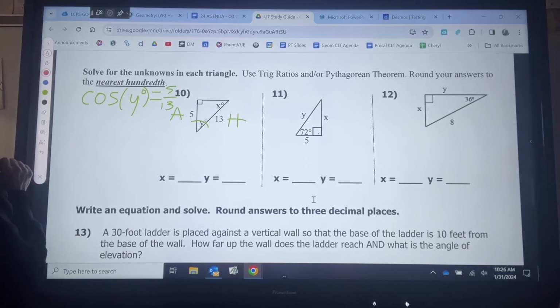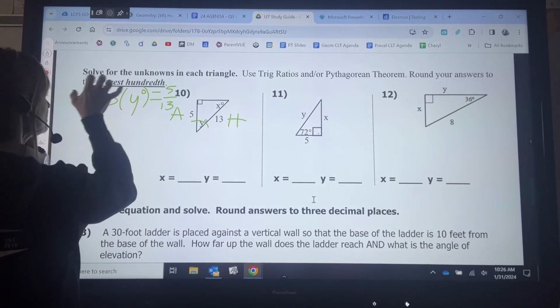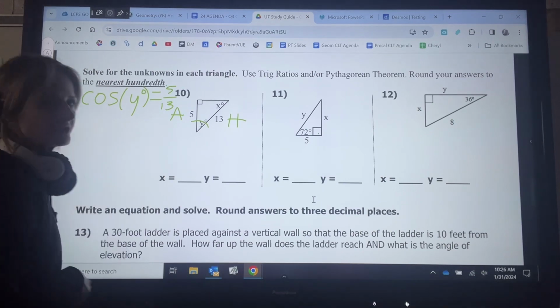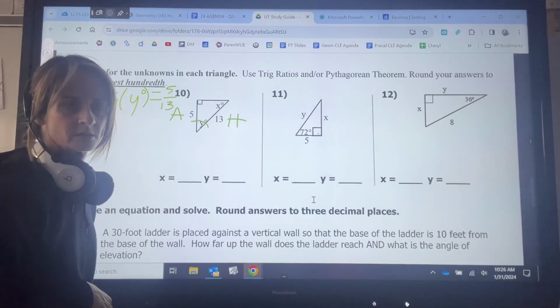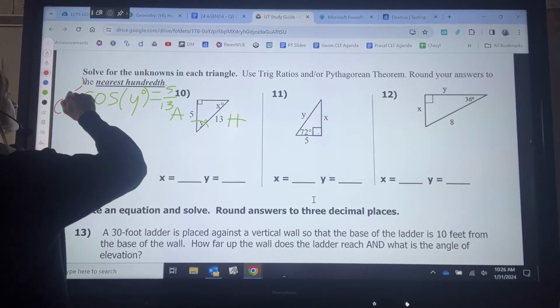The reason we're using inverse trig is because we have to undo this function, because we need y by itself. Currently it's inside this function. So that's where the inverse comes from.